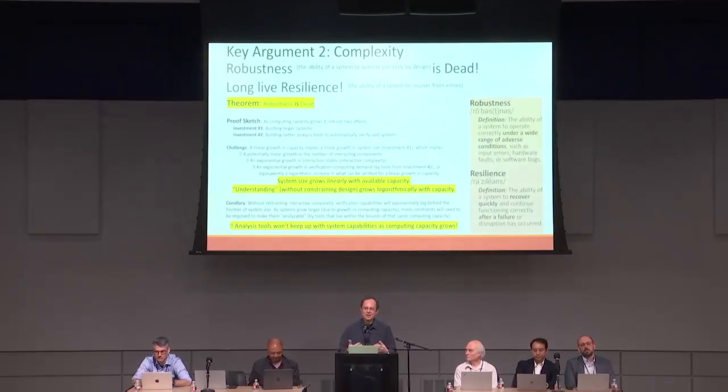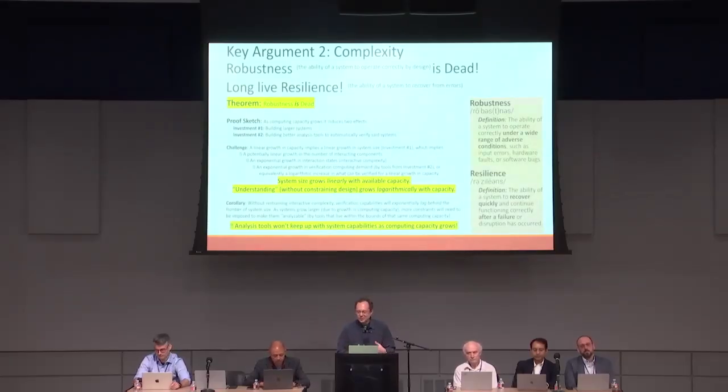Another way of putting it is that if you're constrained by linear growth in capacity, you can only understand a logarithmic fraction of the system. So if you believe that, then basically we're saying systems grow linearly with available capacity, but the formal understanding of these systems grows only logarithmically, because it needs an exponential amount of resources to understand something that grows linearly.